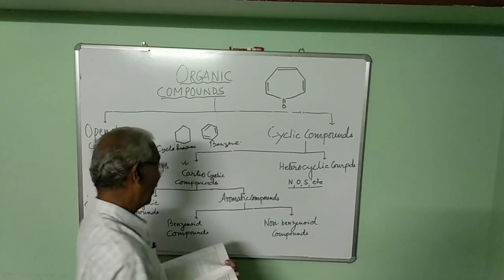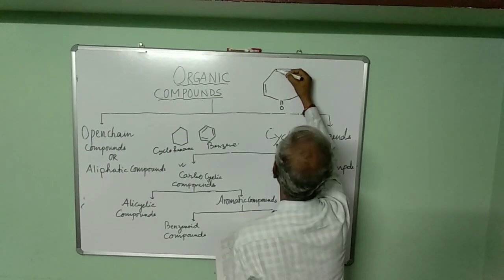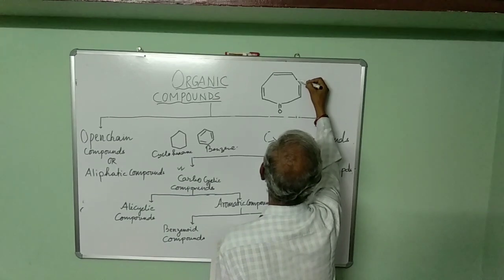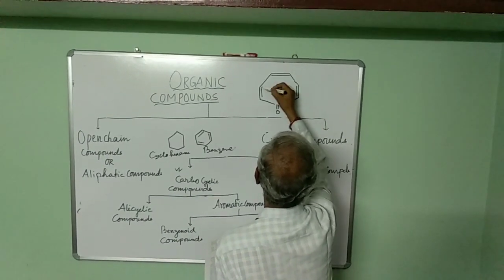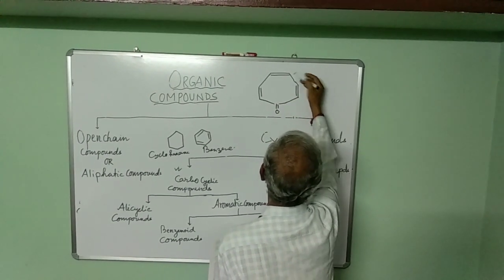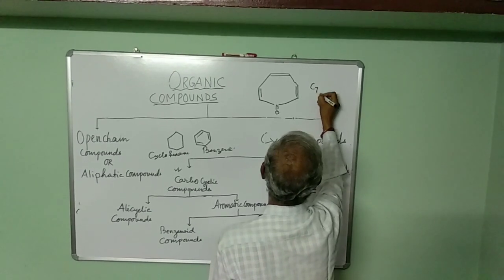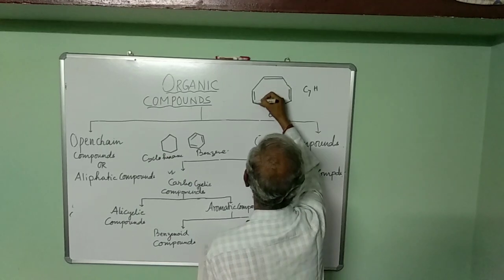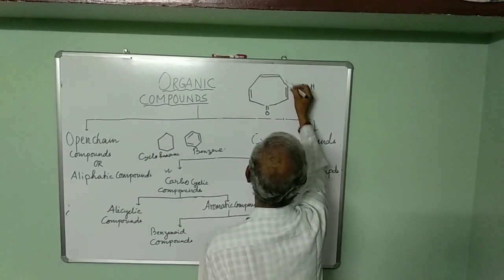So the formula will be what? How many carbons? 1, 2, 3, 4, 5, 6, 7. Carbon 7. Hydrogen 6.